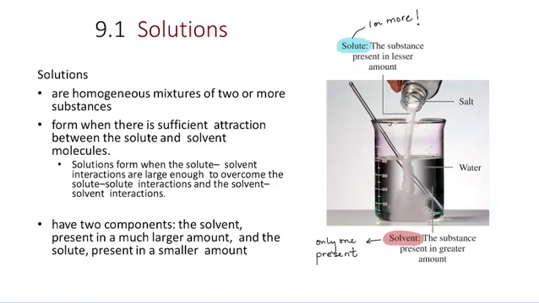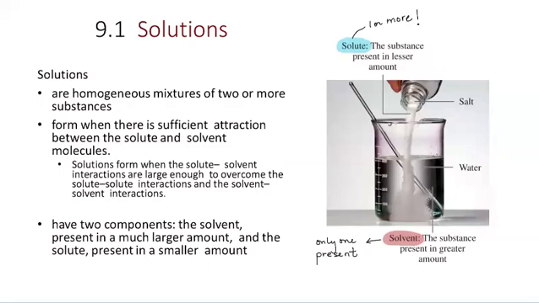Now, when we are forming that solution, we need to understand that the solute and solvent interaction has to be large enough to overcome the attractive forces of the components individually. On the right side of the slide, we have the formation of a solution between salt and water.